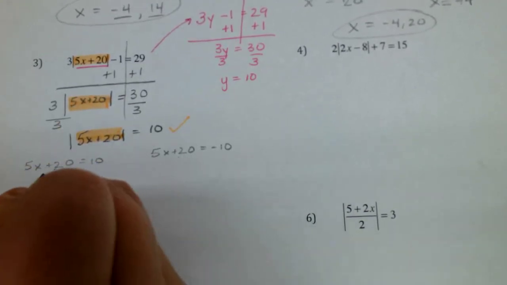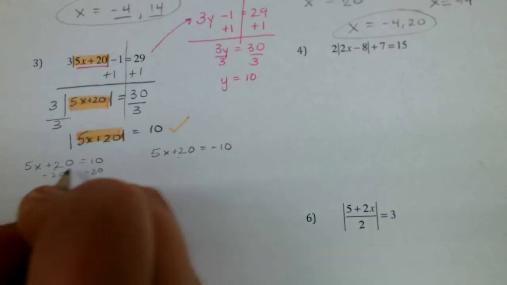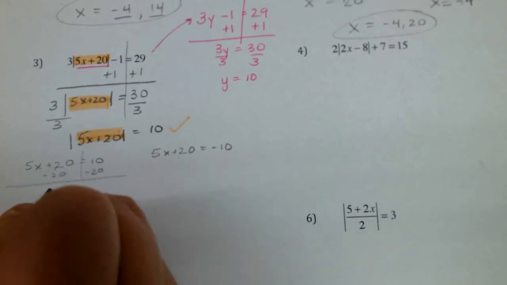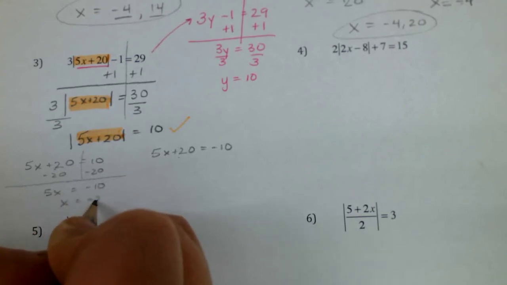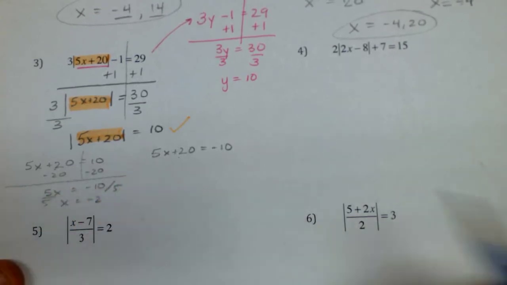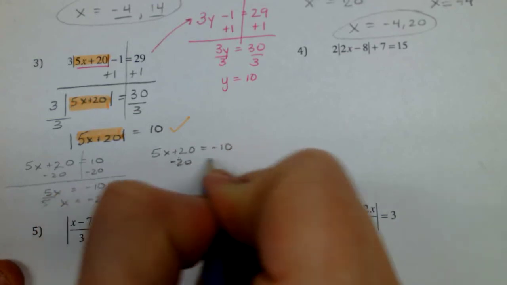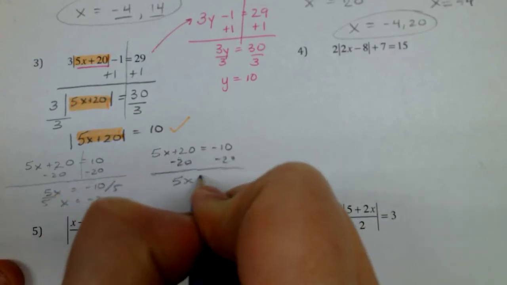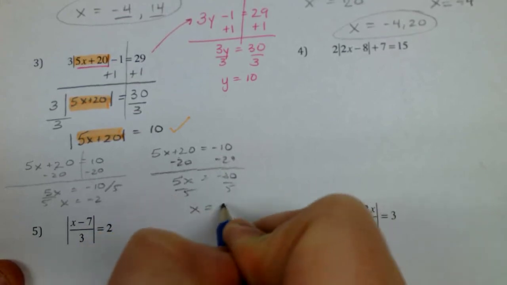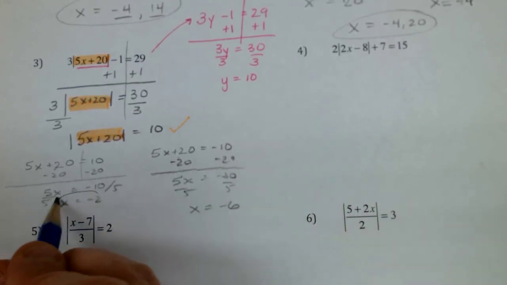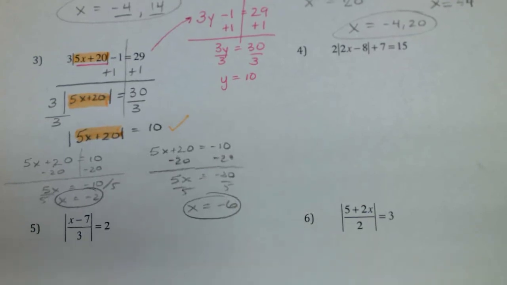I'm subtracting 20 from both sides. Here's my little wall. 5x equals negative 10. X is going to equal negative 2 when I divide everything by 5. Minus 20. X is negative 6. So these are my two answers.